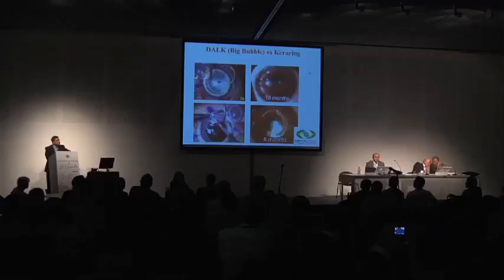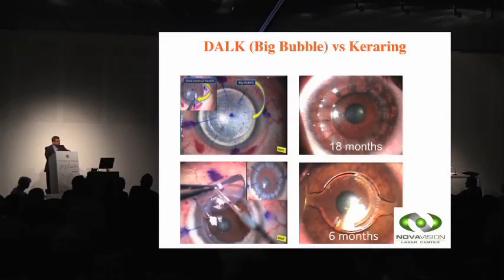We have new techniques for cornea transplantation, and there is no doubt that they offer a better approach to these patients and less risk. We have the big bubble technique, but even if we use the big bubble, these patients usually take more than 18 months to recover, and usually the refractive error is not guaranteed.